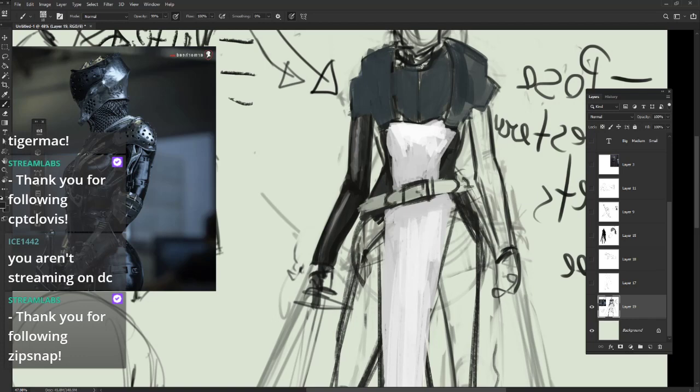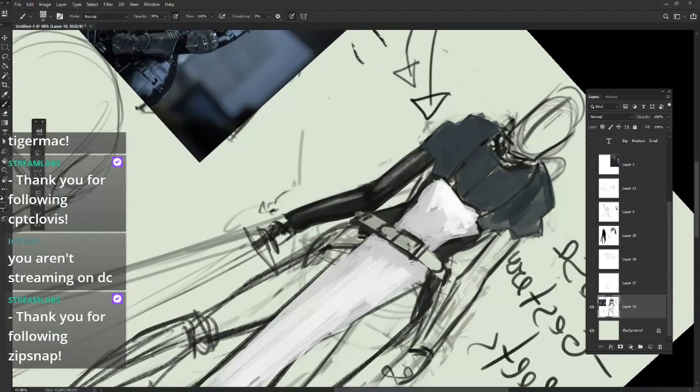Maybe we add something here. And then another belt. I make it black. And then white over it. Because I want to have something around it. You know, like line drawing.